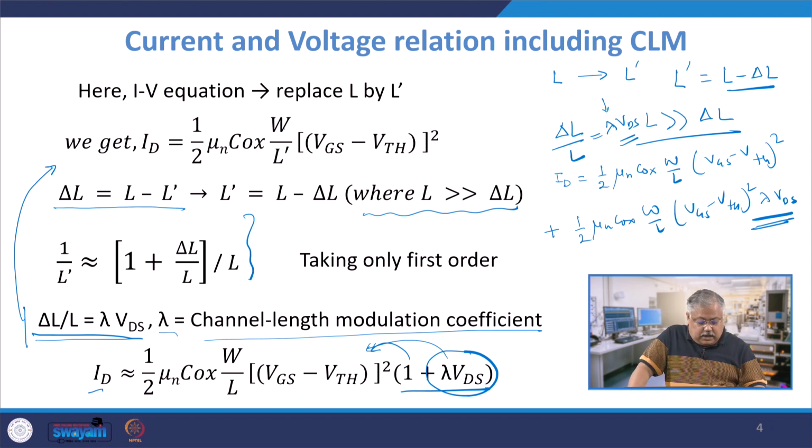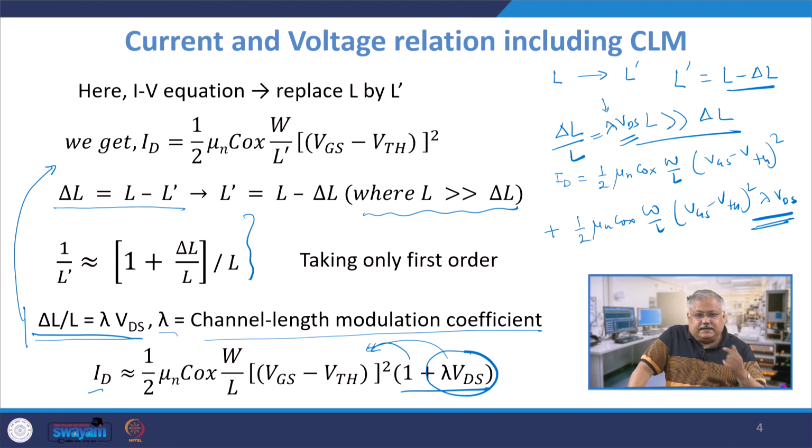Now, if my delta L by L is large, it implies my CLM parameter lambda is also large. Lambda large implies that my ID is a strong function of VDS. If my lambda is small, it implies that my ID is a small function of VDS.